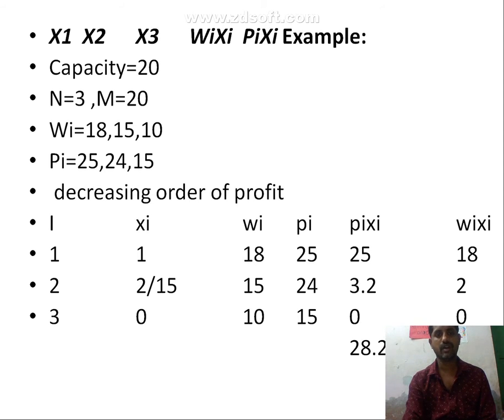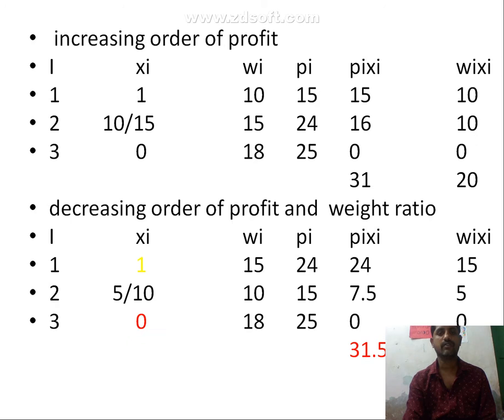So first of all we have to write decreasing order of profit, then increasing order of weight, and last one is decreasing order of profit and weight ratio. That way we can get the maximum profit of 31.5 and the optimal solution is 0, 1, 1 by 2. Likewise, we have to construct different types of problems.